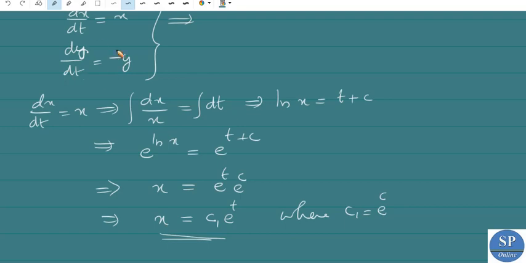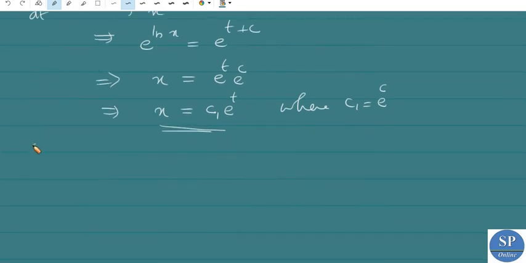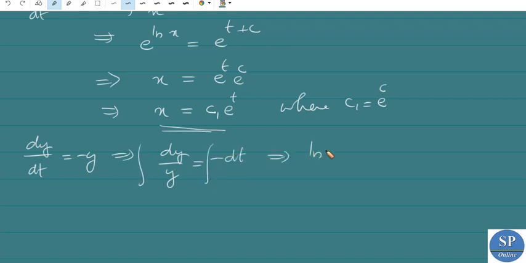Similarly, we solve the equation dy by dt equal to minus y. From this we get dy by y is equal to minus dt. On integration, we get ln of y is equal to minus t plus some constant c. So e to the power ln of y is equal to e to the power minus t plus c.